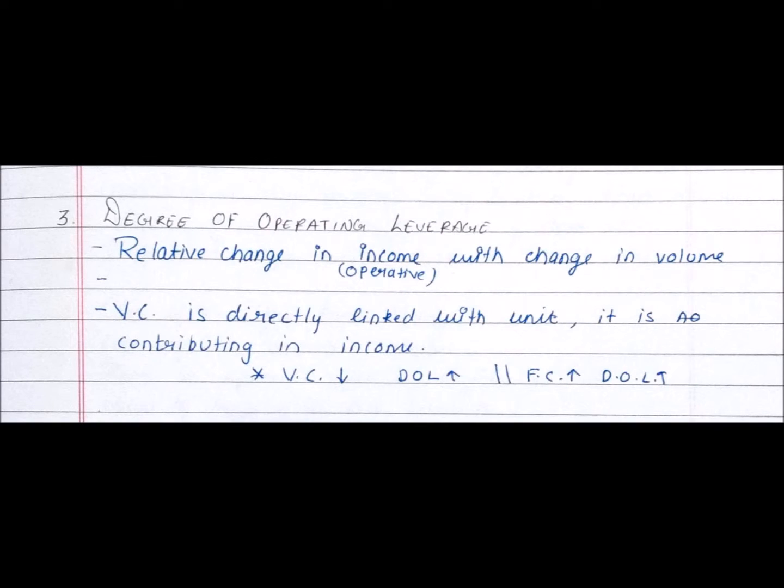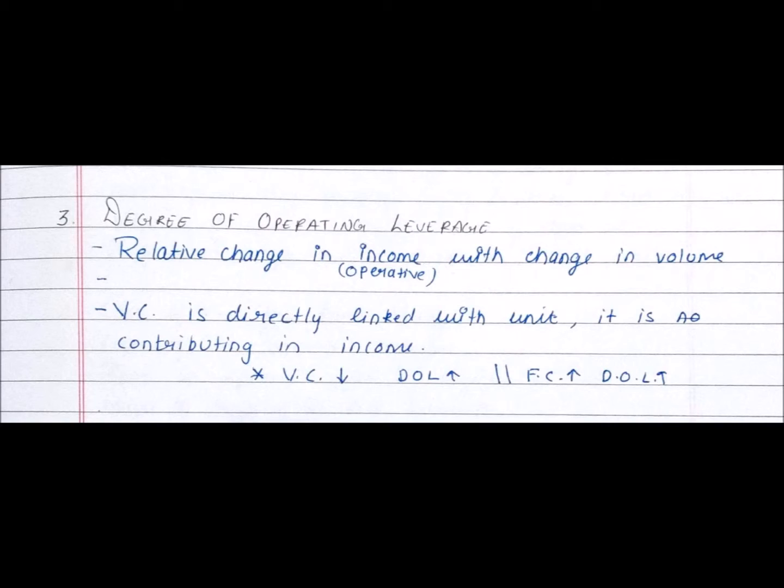So degree of operating leverage. This is an interesting term. What is this? It gives the relative change in operating income with respect to change in volume. For example, if my variable cost is very high, then for a single product I am selling, a large amount of cost goes into the making of that product. So I don't get a large amount of money to contribute to my fixed cost.